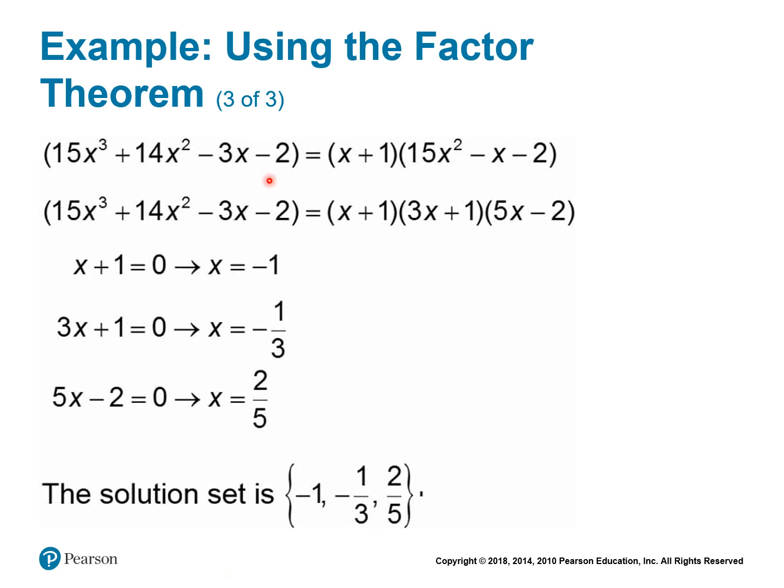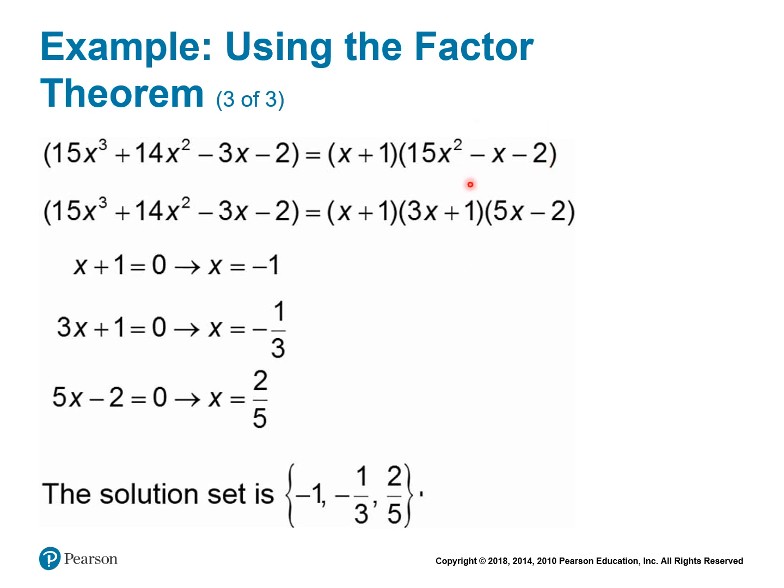So now that we have used synthetic division to factor out 15x squared minus x minus 2 and x plus 1 as the other factor of the polynomial, which was given to us by the factor theorem, we just need to factor 15x squared minus x minus 2.